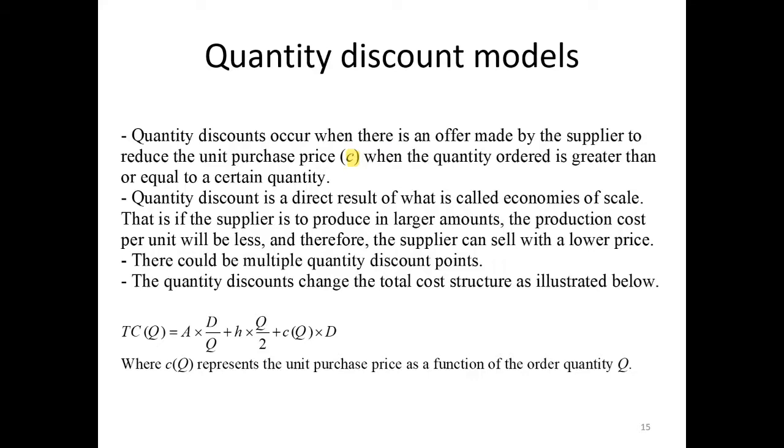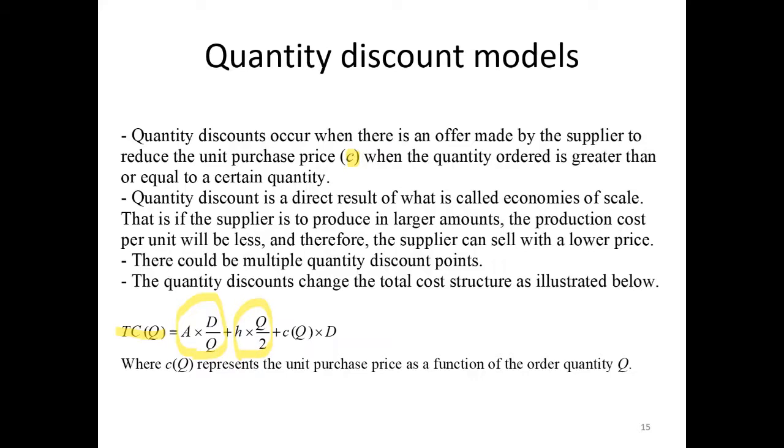So this means what? This means the total cost function is going to have three terms that are functions of Q. The first term is the ordering cost. The second term is the inventory carrying cost.